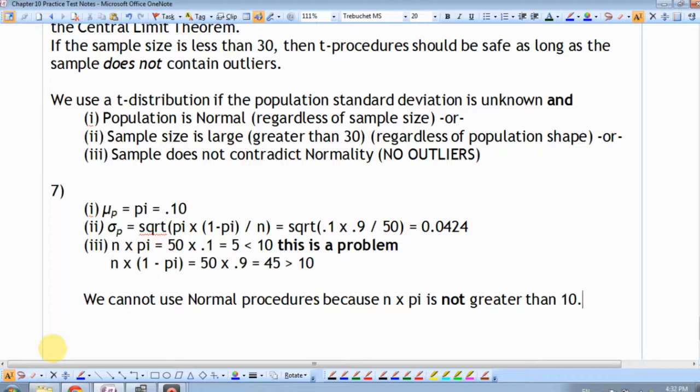And that's what they're asking for. You cannot use normal procedures because n pi is not big enough. In other words, the sample is not big enough.